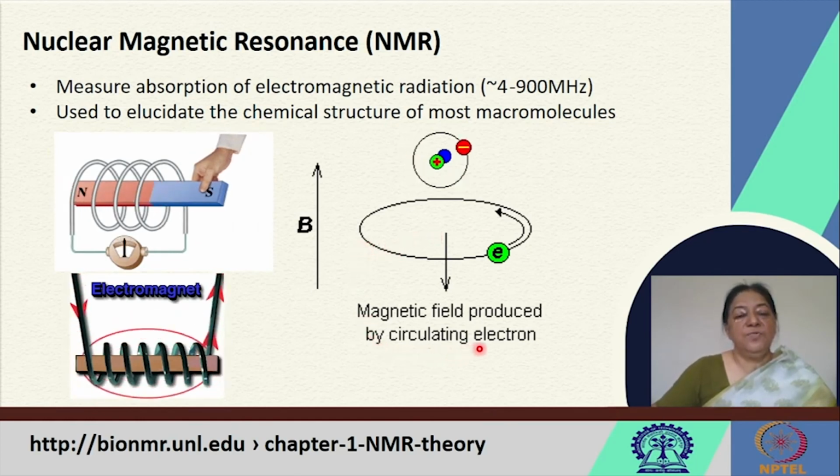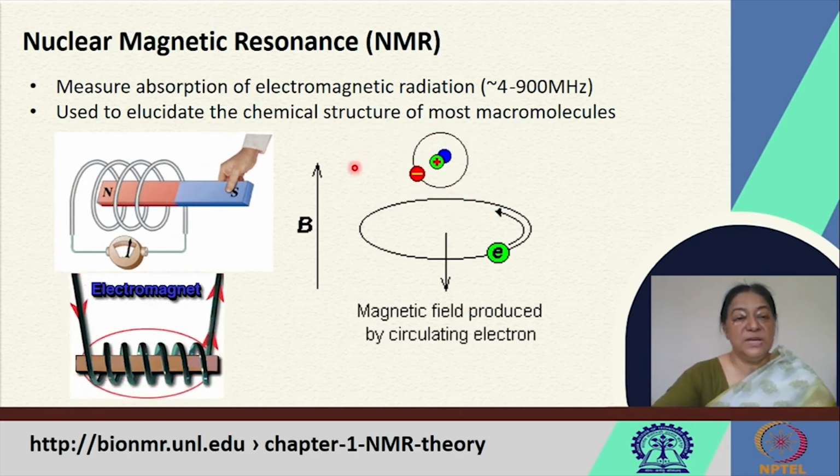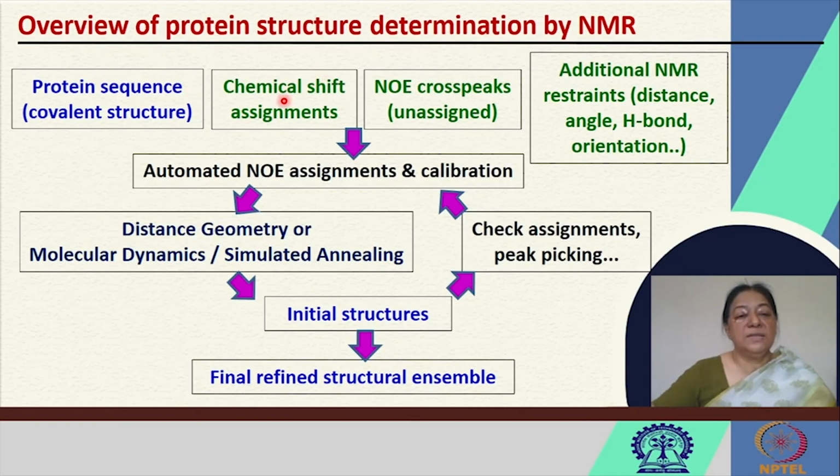So in the methodology of NMR, we know that there is a magnetic field that is produced by the circulating electron, which is then observed, or many techniques or further analysis done to figure out or look at the specific chemical shift assignments that will give us restraints or additional NMR restraints that can be added in terms of distance, angle, hydrogen bond, the specific orientations, and this will lead to specific chemical shift assignments followed by calibration, giving us a specific distance geometry that would give us some basic structure of the protein that we are interested in.